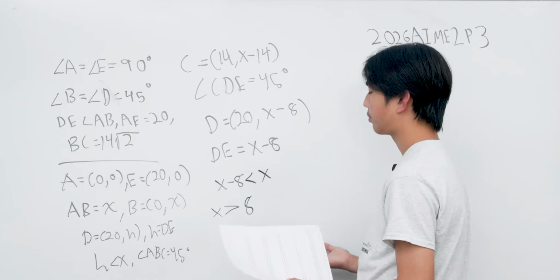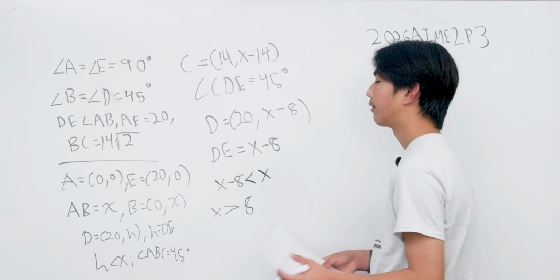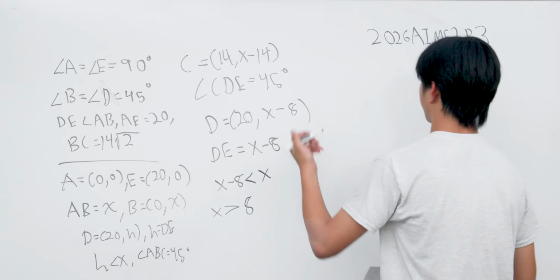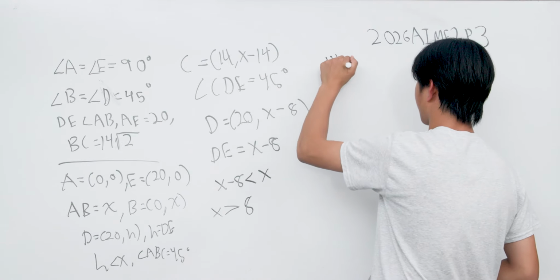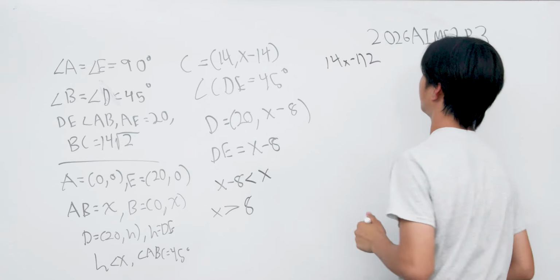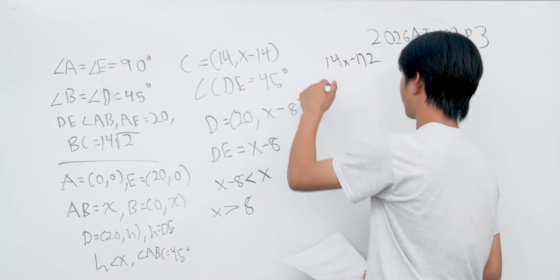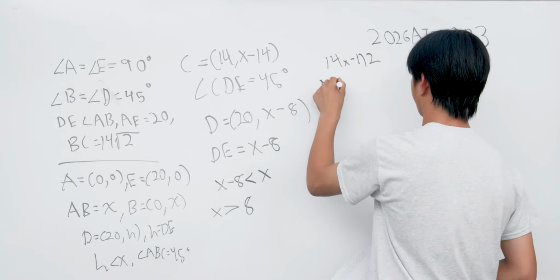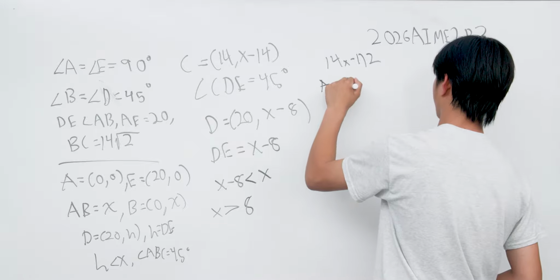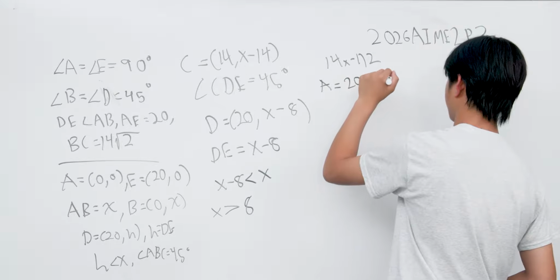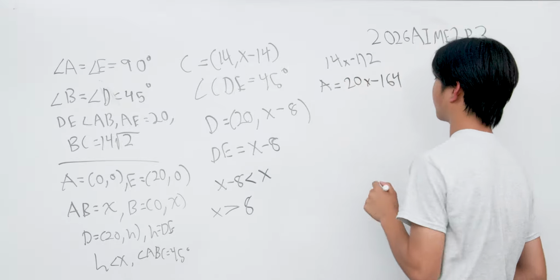Now, what we can do is apply the shoelace theorem. Everything multiplies by 0 except this one term, which gives us 14x minus 112 from the shoelace theorem. Therefore, the area is going to have a value of 20x minus 164.